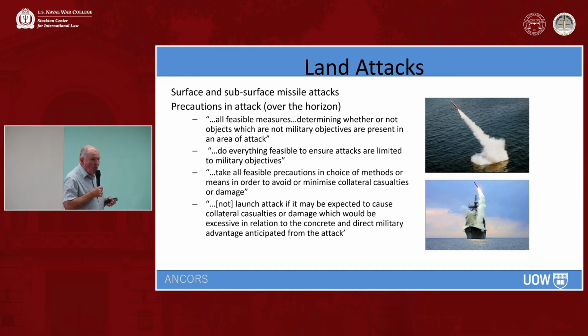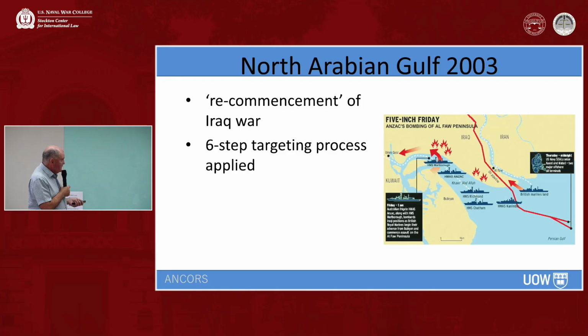And it doesn't matter what weapon system you're using for this type of attack, whether it's shells, whether it's rockets, whether it's missiles. But if the effect is on land, there are some precautions that are put in place. And those ones are the ones that Martin has gone through earlier.